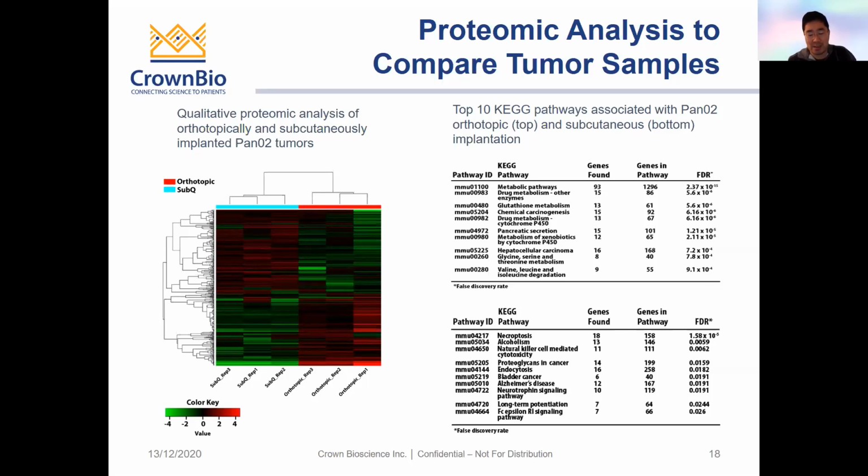Orthotopic implantation appeared to trigger pathways more relevant to the tumor type, such as pancreatic secretion and metabolic pathways, which indicates that these models are more clinically relevant. On the other side, subcutaneous, which most of us actually use, appears to trigger pathways associated only with a more general immune response, which means it's a foreign tumor in the mouse body. That's very much expected.